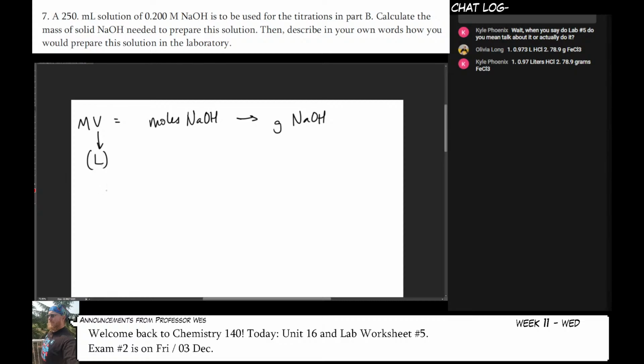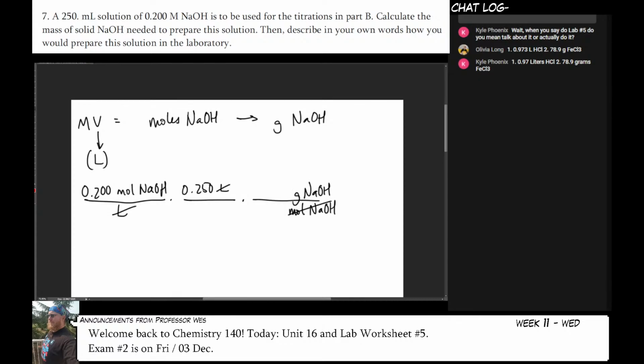So let's do that. I've got 0.200 moles sodium hydroxide per liter times 250 milliliters, which is 0.250 liters. So that would be the number of moles of sodium hydroxide, since that's the only unit that's left anyway, right? So I'm just going to keep this calculation going. Now I'm going to turn this from moles into grams.